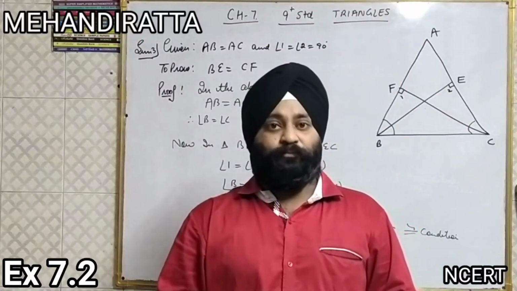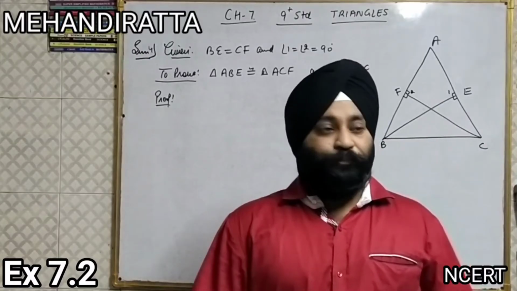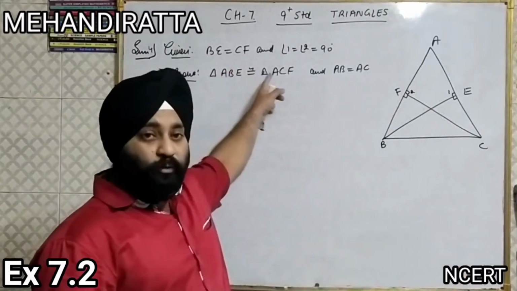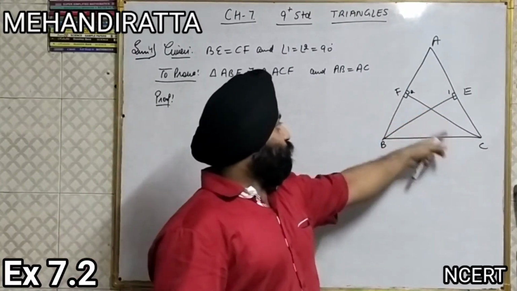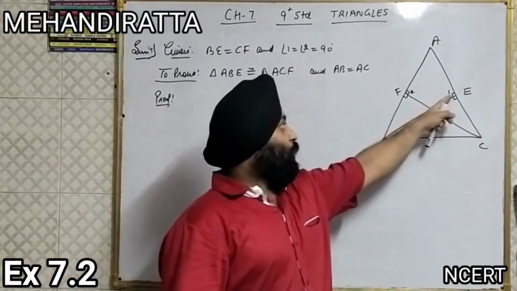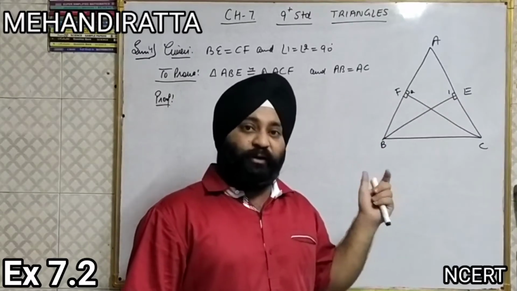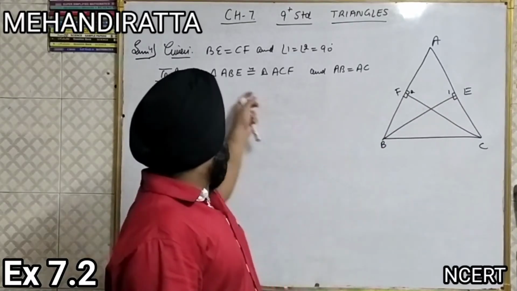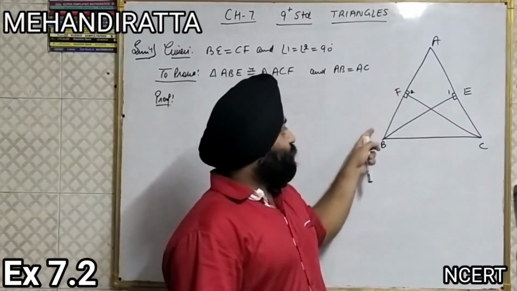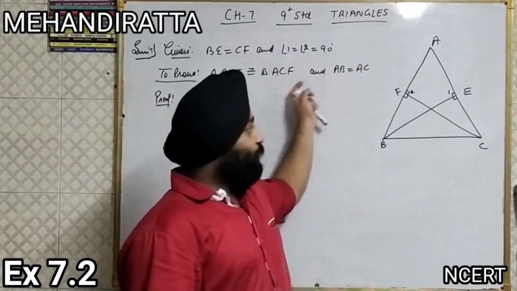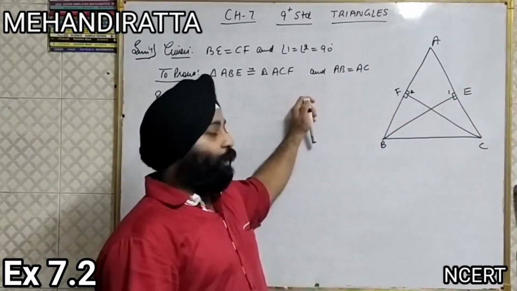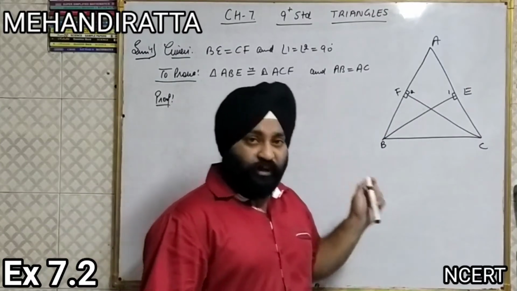Now, the fourth sum. In the fourth sum, BE equals CF is given, and angle 1 equals angle 2, each 90 degrees, given to you. You have to prove triangle ABE is congruent to triangle ACF and AB equal to AC.